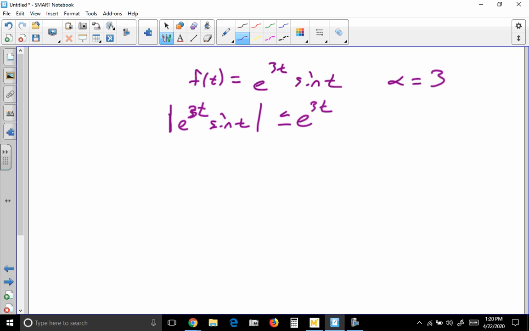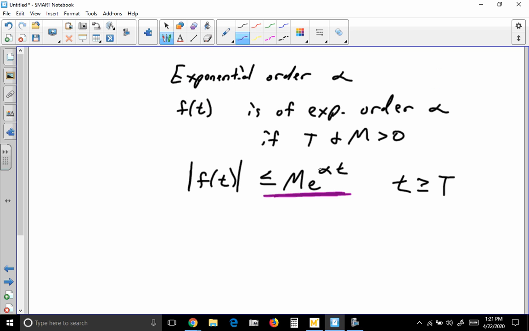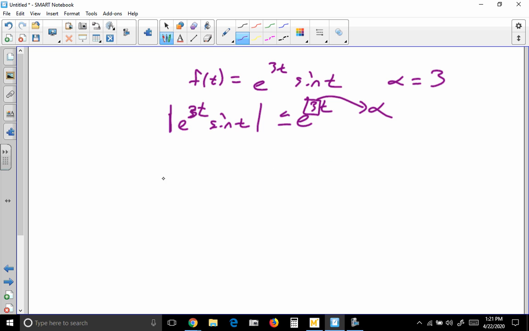So in this case, we could say 4, we could say 5, and that would always be a true statement. But the smallest number we could have here is alpha. Back to here, alpha is the exponent here. f of t is our function, and we're comparing that to m times e to the alpha t; we're just randomly using 1 for m.